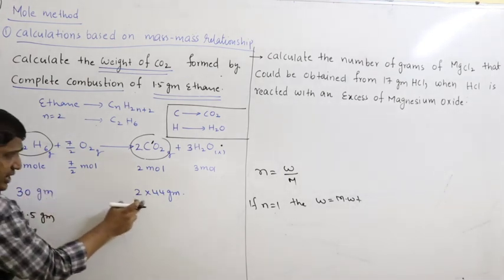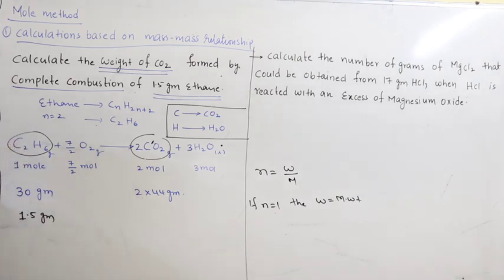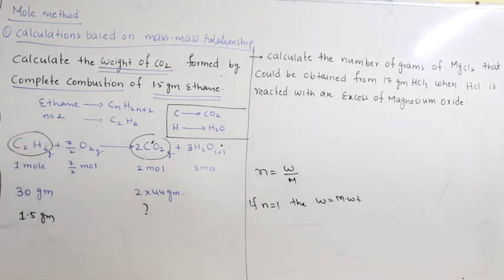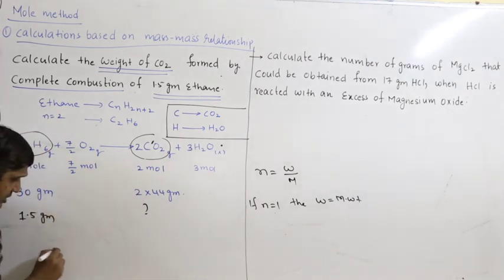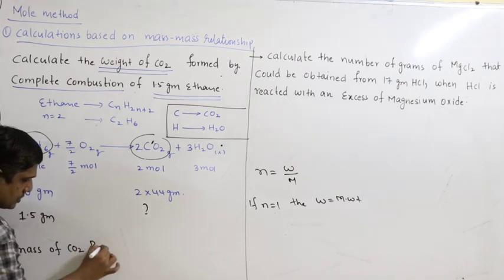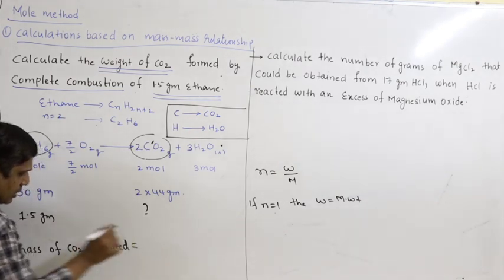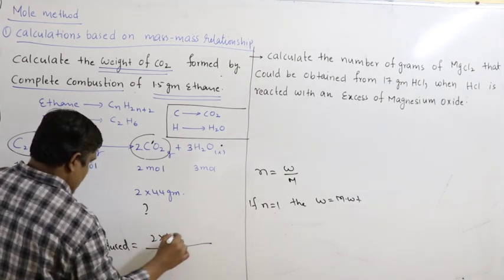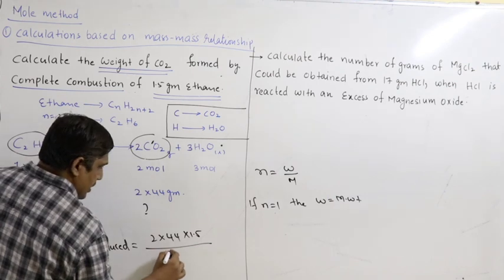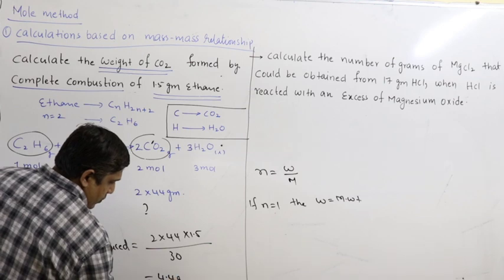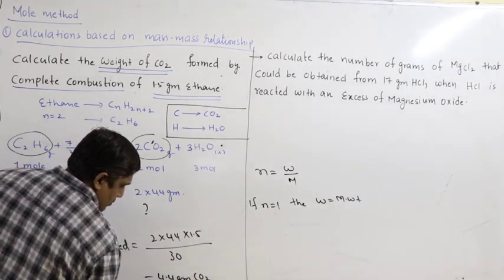For 30 grams, you will get 2 into 44 grams of CO2, but I have only 1.5 grams. How many grams of CO2 will be produced? So, cross multiply, what will I get? Mass of CO2 produced, cross multiply, 2 into 44 into 1.5 by 30. So, you will get 4.4 grams of CO2.